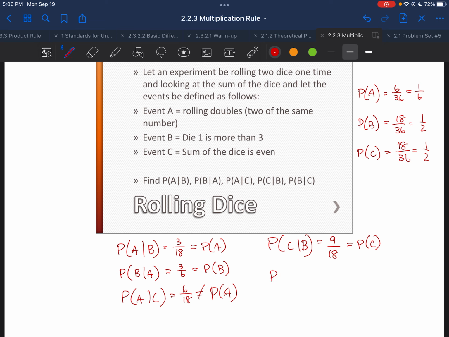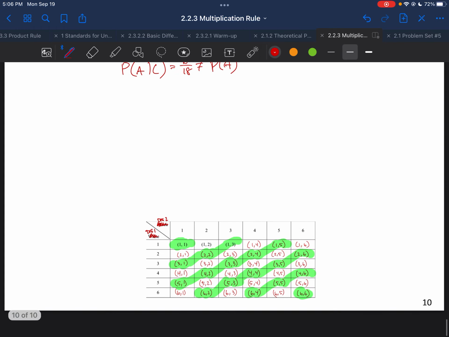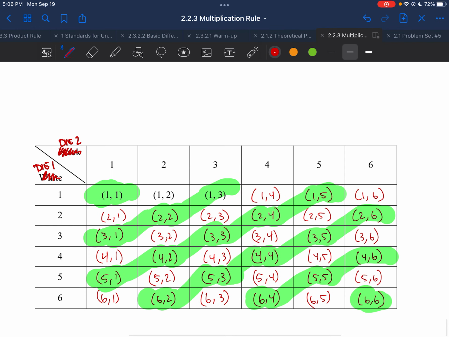And then finally, we have the probability of B given C. Now we're looking for the probability that die 1 is more than 3, given that the sum of the dice is even. So now my sample space is the highlighted region, and we're looking for all the values where die 1 is greater than 3.